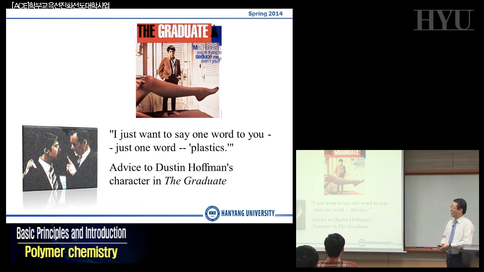This is a lady's leg with a stocking, and he says, I just wanted to say one word to you, just one word. And she was saying that this is the plastic. And this film was recorded in the 50s, and they said it's a plastic. So do you know what plastic means? Or have you heard about the plastics?